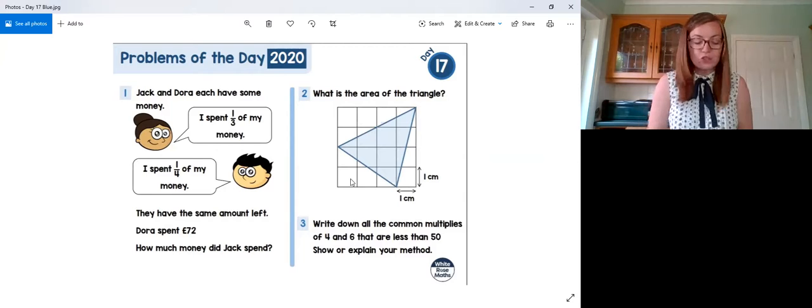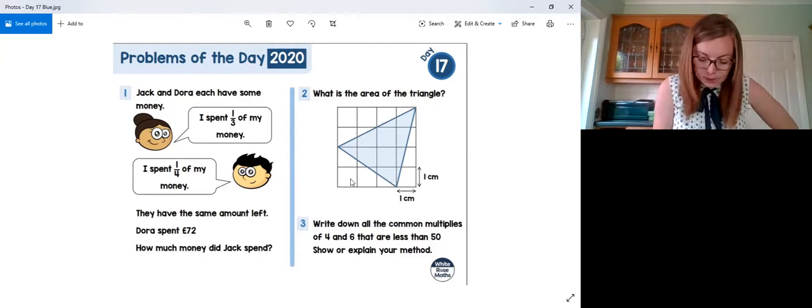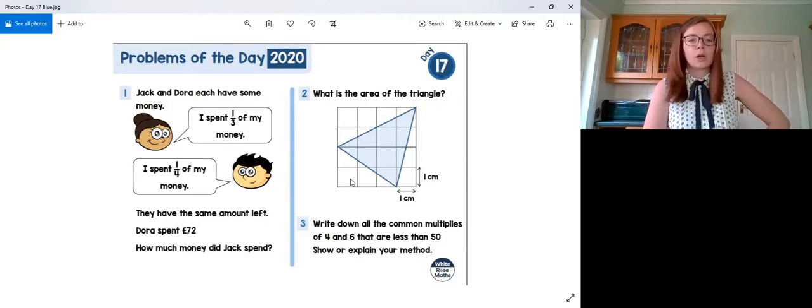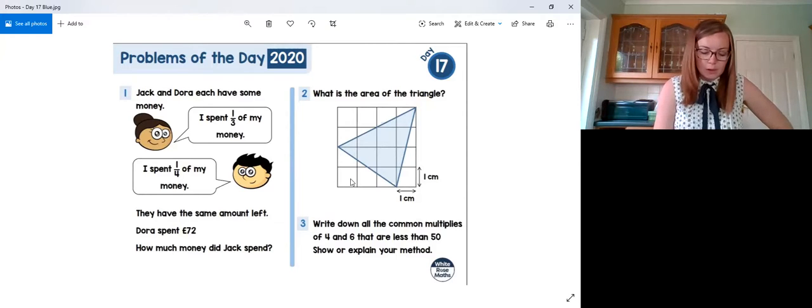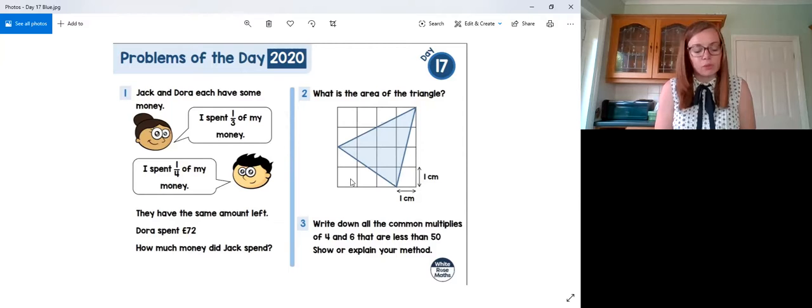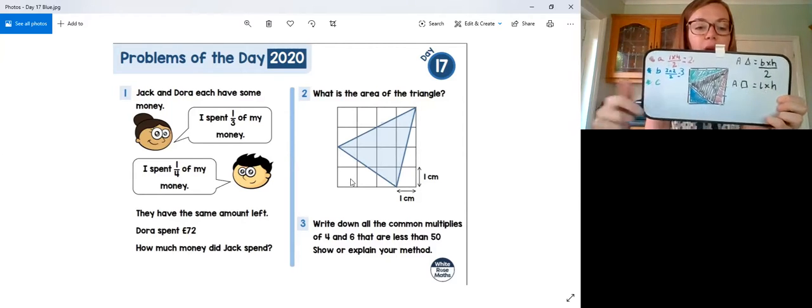So if we plug that into our formula, we end up with 3 times 2 divided by 2. Well, 3 lots of 2 is 6, and then I divide it by 2 and I get back to 3. Okay, so the area of the red triangle is 2. The area of the blue triangle is 3.